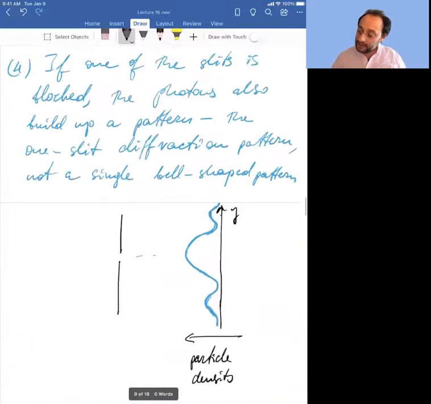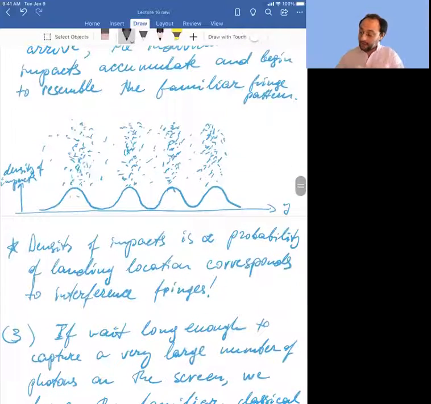And at the end, we said, wait a second, if the accumulation pattern matches what we would expect from a wave picture, perhaps we can reinterpret the wave aspect of light. Perhaps we can use it for predicting probabilities of where photons land when they are manifested as particles.